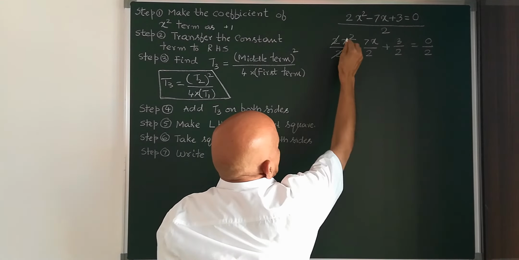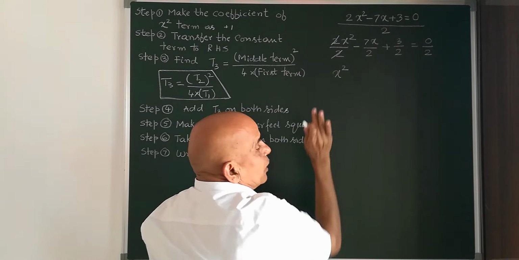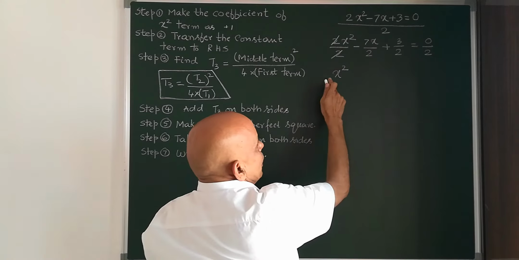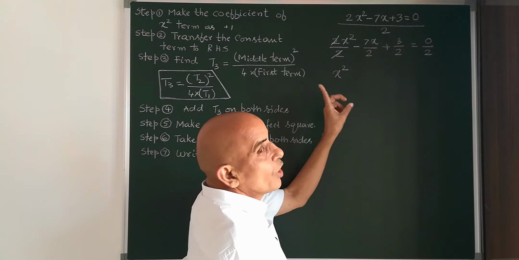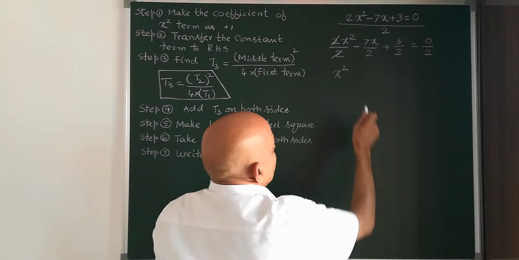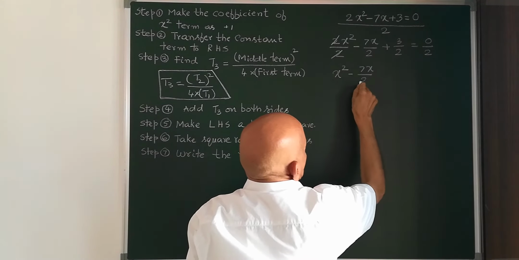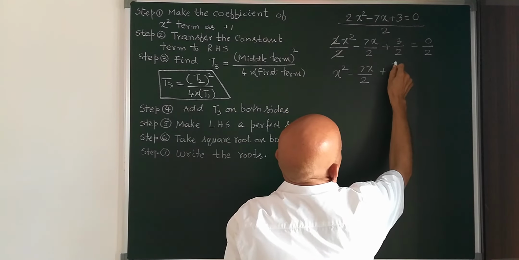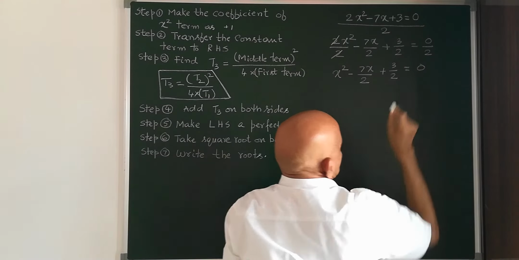The first term becomes x square whose coefficient is only plus 1. Nothing is there, we treat this as plus. So the coefficient of x square is 1 only. This is 1x square. Then the second term is minus 7x by 2. And the third term is 3 by 2. 0 by anything is 0.